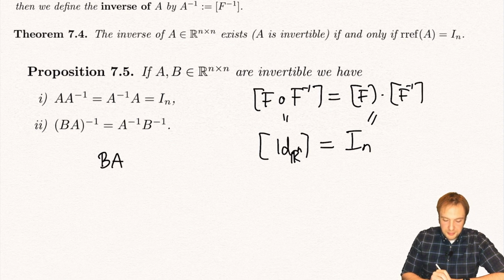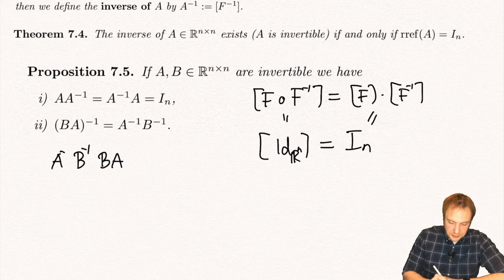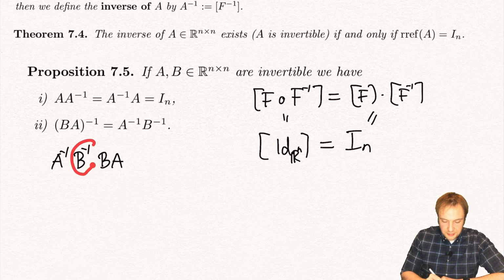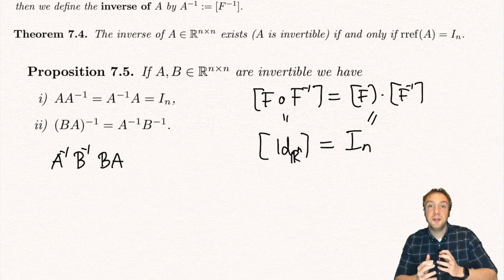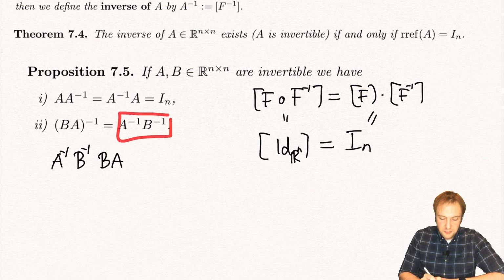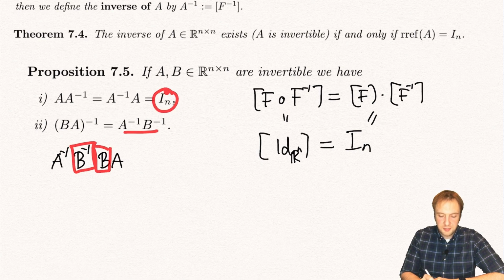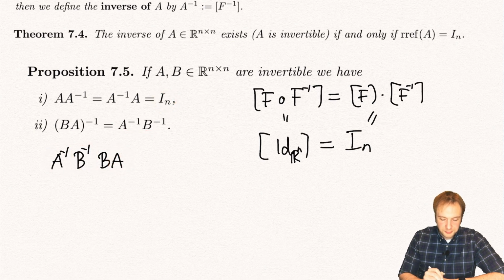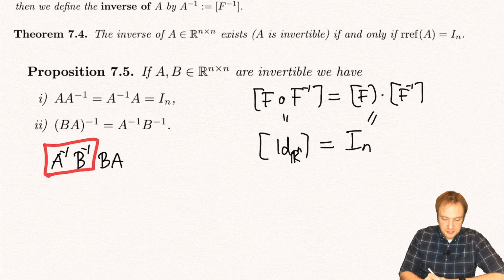Because the product of two matrices is not commutative, I really cannot change the order of multiplication here. So I need to invert the order, such that B inverse gets first multiplied with B, which gives the identity matrix, and then I can multiply A inverse with A. Therefore this matrix here is the inverse of this matrix.